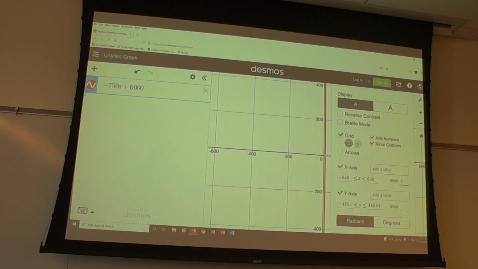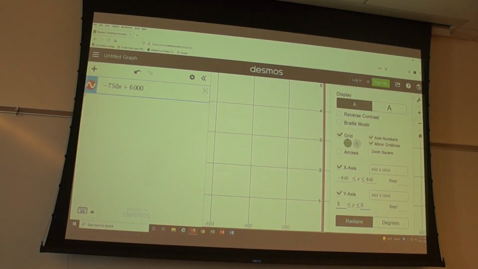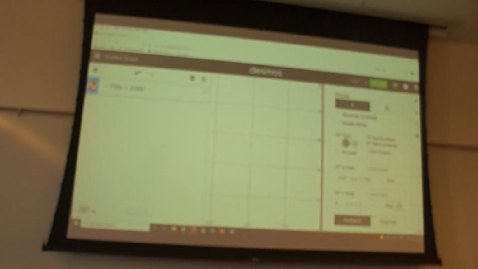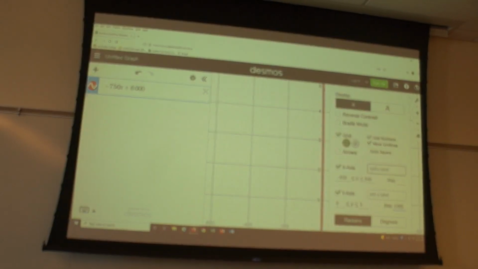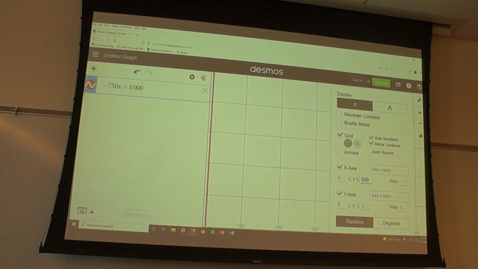Y should be 0 to... And then x might be 0 to, oh wait, x should be 0 to 5.